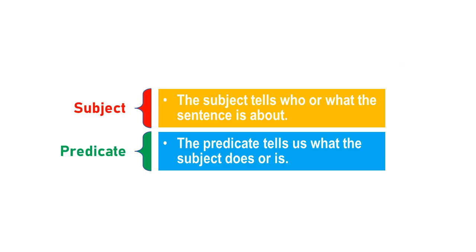The subject, we said before that the subject tells who or what the sentence is about. So when I say the teacher helps us, who helps us is the teacher. When I say the predicate, it tells us what the subject does.